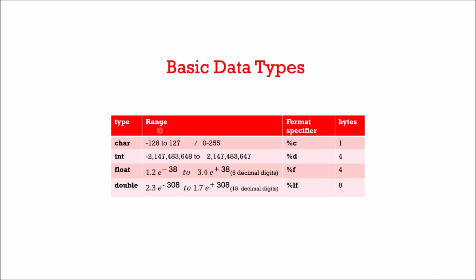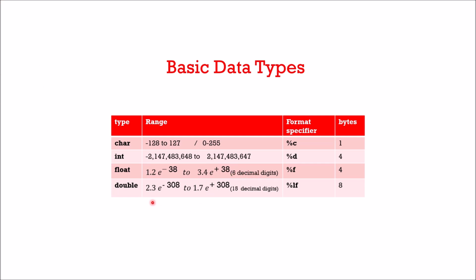So the next one is the integer with this keyword int, and these are the ranges of numeric values that it can take, the format specifier, and the number of bytes it occupies. The char data type is the smallest, occupying just 1 byte. This integer, 4 bytes. Float is a type of data that allows writing real numbers, that is, numbers with fractional parts, and it has up to 6 decimal digits.